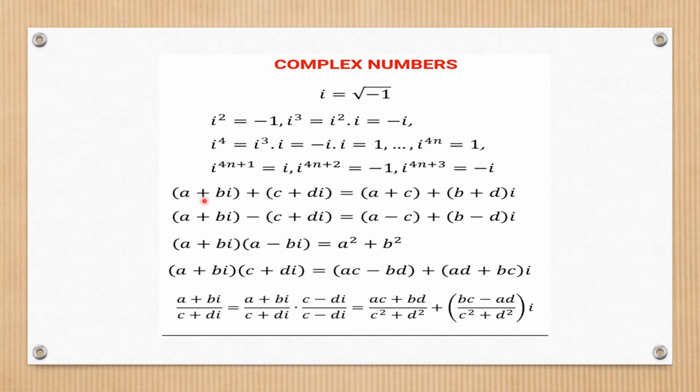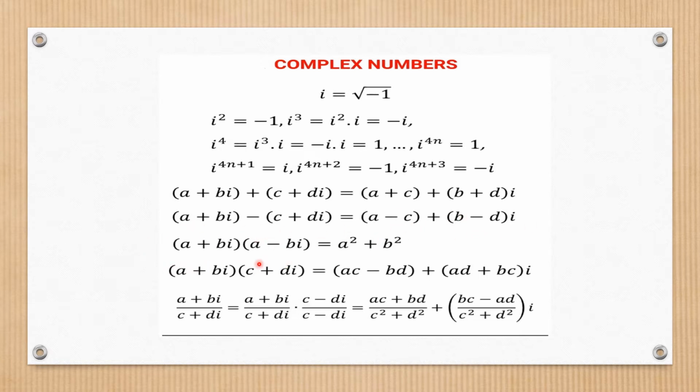Now how to add complex numbers like (a + bi) + (c + di)? You have to add the corresponding real parts and the corresponding imaginary parts, like (a + c) + (b + d)i. For subtraction, again real parts will be subtracted like (a - c) + i(b - d).